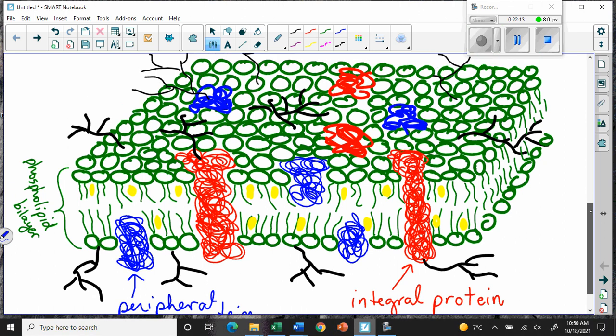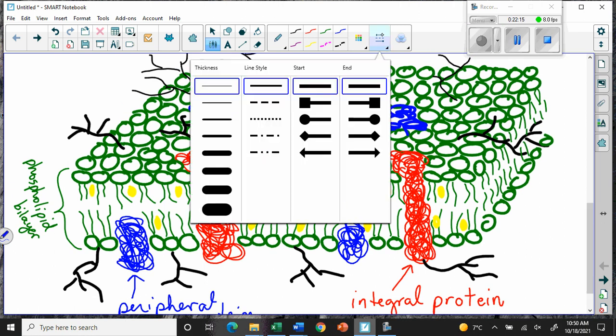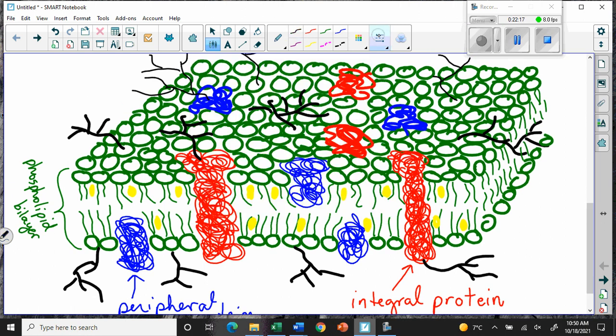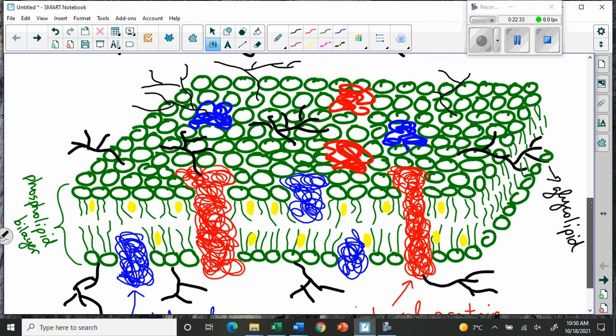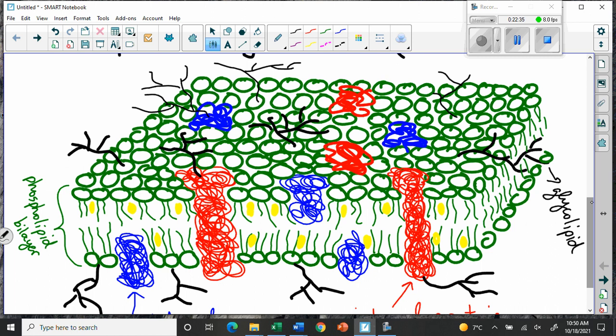Then we have two more things to add. The black molecules, right? This one I've drawn here, because it's attached to the fat, would be a glycolipid. And these also help identify and give signals as to what kind of cell or membrane this might be.